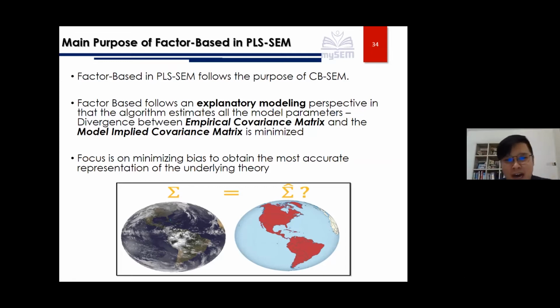Then it says that your model does not fit. So this is the scenario and the purpose of factor-based, regardless of PLS-SEM and CB-SEM. But in PLS-SEM factor-based, we are talking about PLS-consistent. So this is the first fundamental you need to know regarding the factor-based world.